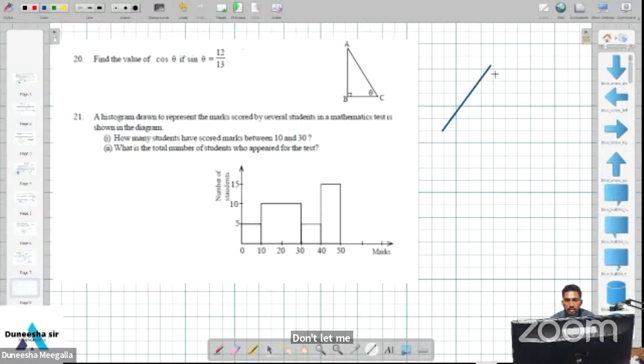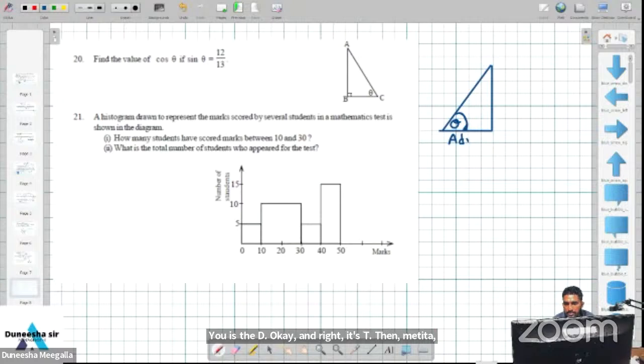What is this? If this is the theta, you can write theta. The side next to theta, what do we call it? It's adjacent. Then this is the opposite, the one in front. Then what is this?